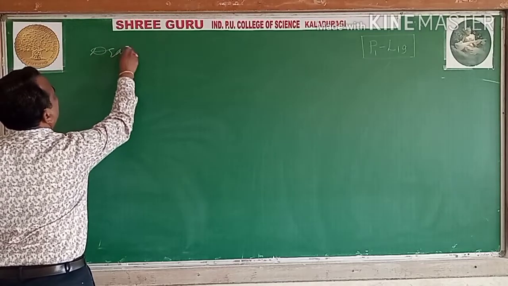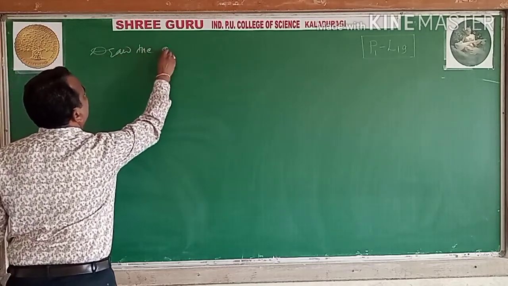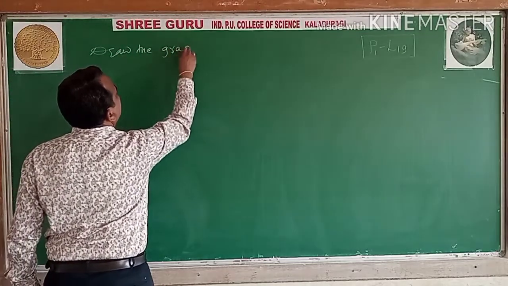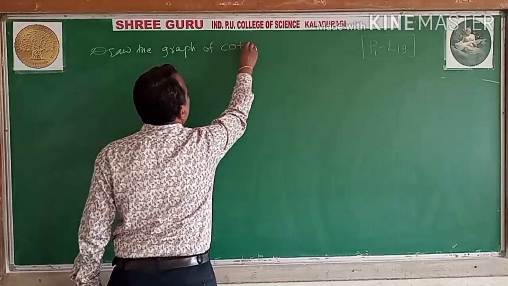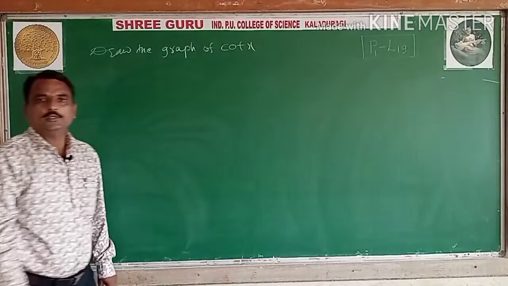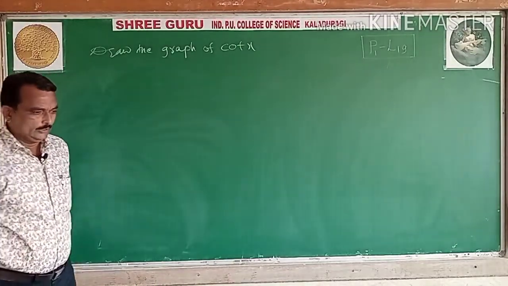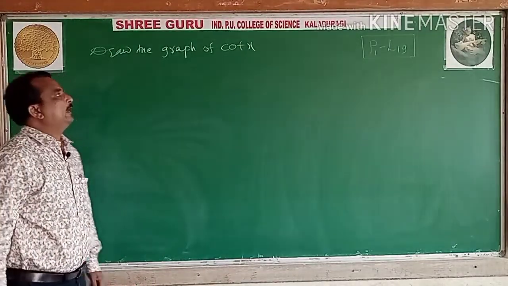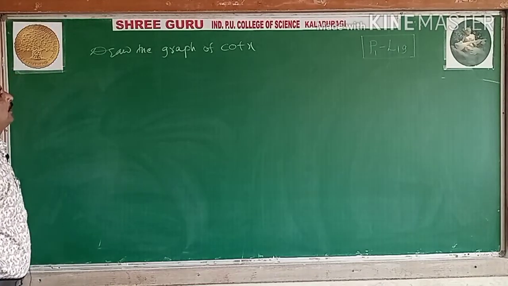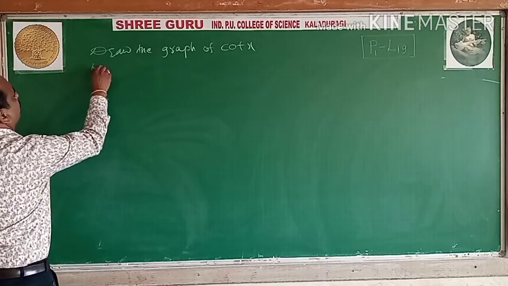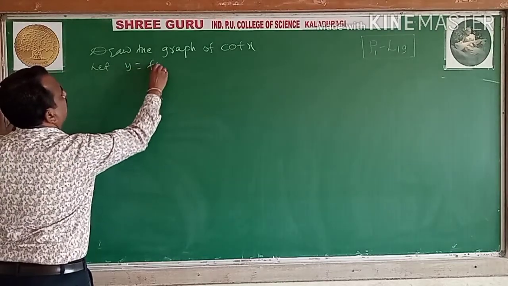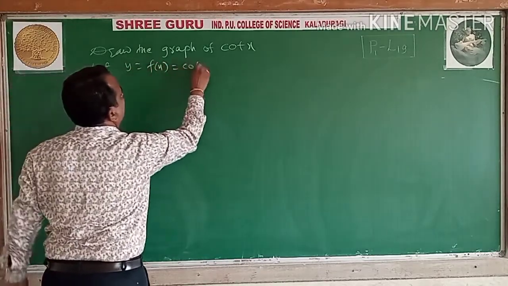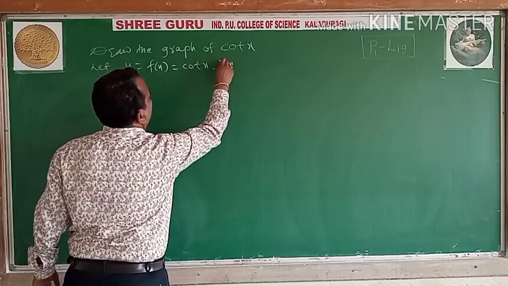Now let us draw the graph of cot x. In the previous class, we drew the graphs of sin x, cos x and tan x. Now let us come to cot x. Let y equal f of x equal cot x for every x.